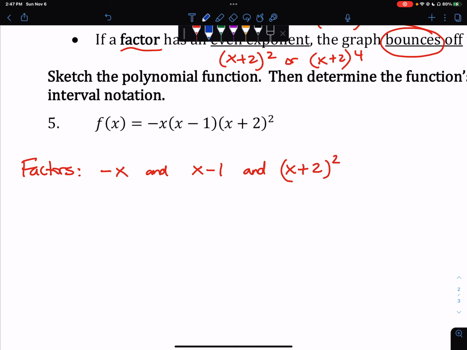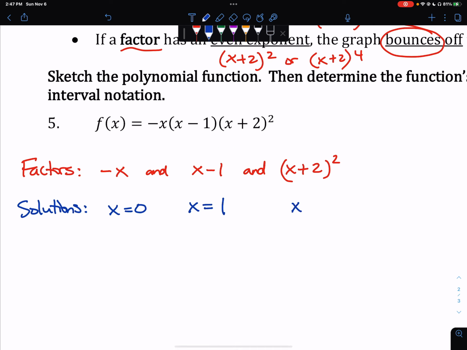And so what would the corresponding solutions be? Remember, this is what would make each one equal 0. Well, the first one would equal 0 if x was just a 0, because negative 0 is just 0. The second one would be if x was a positive 1, because 1 minus 1 equals 0.